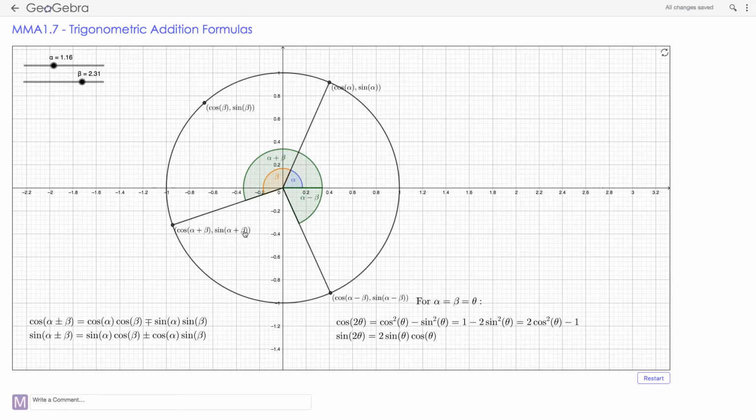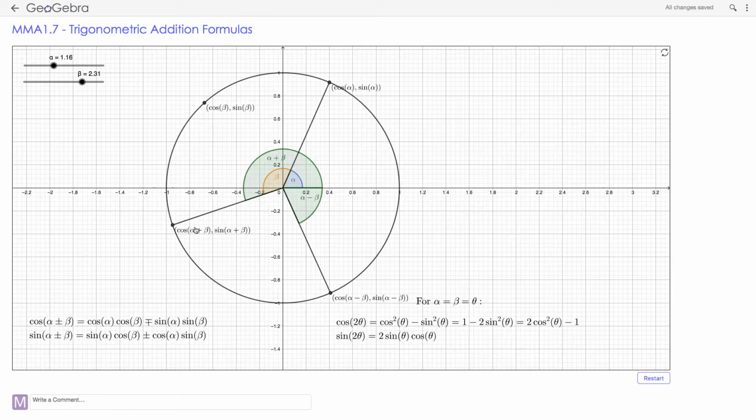Then, for some reason that is not a simple reason, you get this number here, the y coordinate of this point. I don't expect you to remember this formula, but you should know where to look it up. Some of the formulas you will see, I expect you to learn by heart. This is not something I expect you to learn by heart, but you should know that it exists and you should be able to use it.